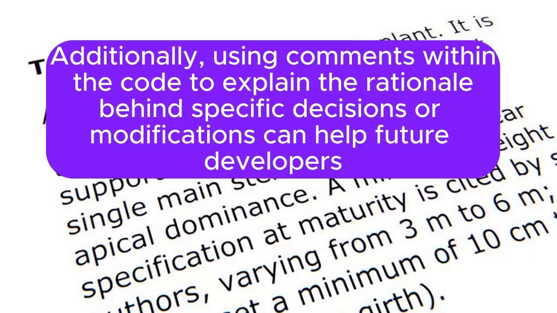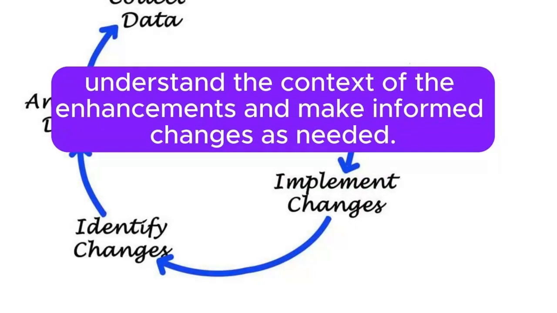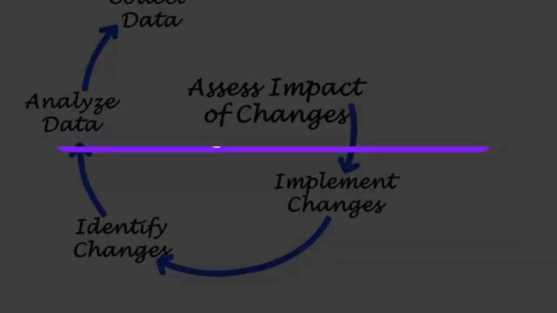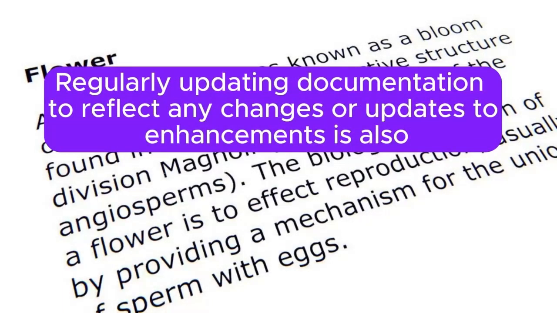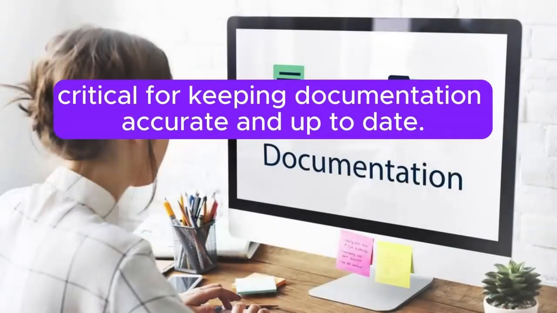Additionally, using comments within the code to explain the rationale behind specific decisions or modifications can help future developers understand the context of the enhancements and make informed changes as needed. Regularly updating documentation to reflect any changes or updates to enhancements is also critical for keeping documentation accurate and up to date.